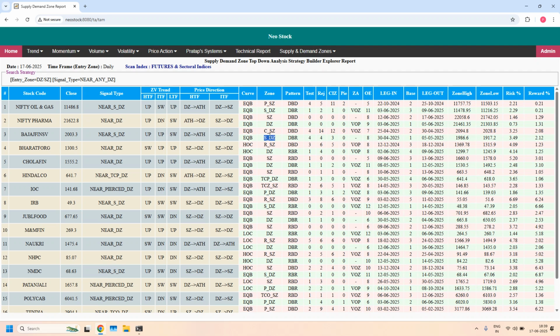Okay, this is the first daily high liquidity demand zone. The next one is Hindalco. Hindalco is also having a daily high liquidity demand zone. And then IRB is having a daily high liquidity demand zone.